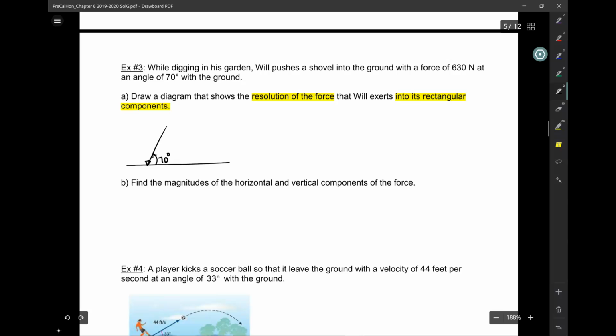So we can say that that's the force, and it's got 630 newtons. So that's Will. All right. So now let's draw that here. Let's draw the diagram. So this is the force vector, and it's 630 newtons.